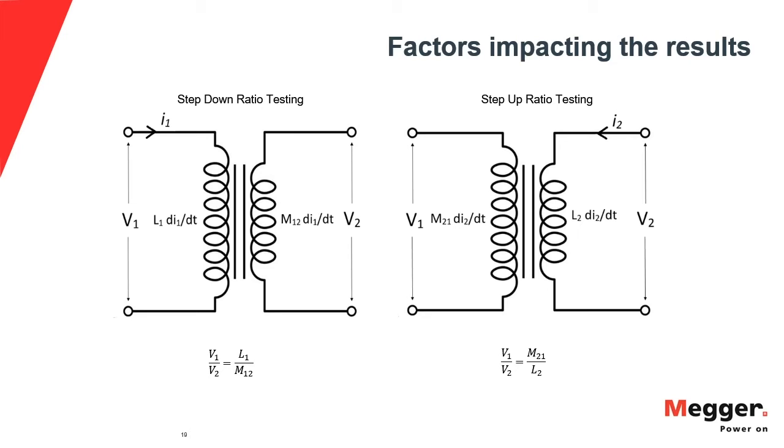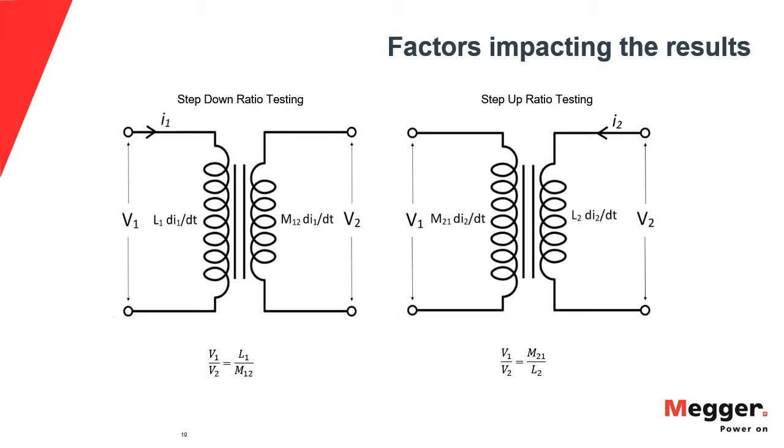And if you look at the equation, you will see that with this technique, the error that we're going to get is always going to be on the positive side, right? The voltage that we're measuring is always lower than the one that we are applying.